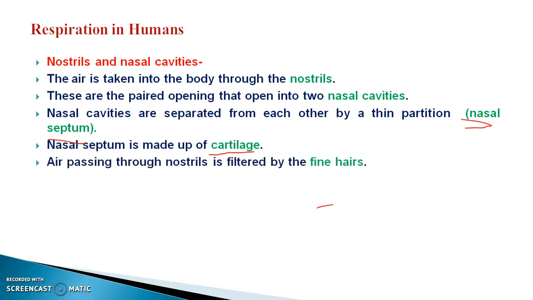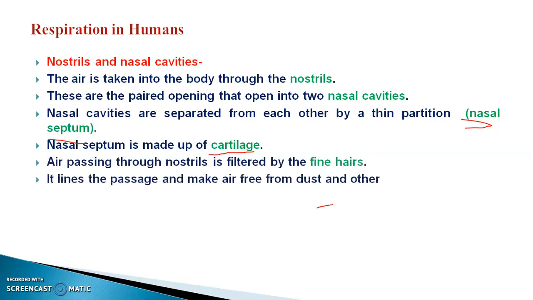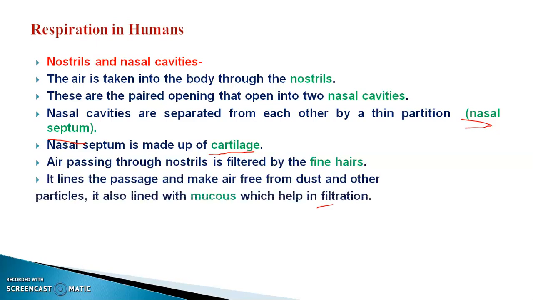Now the air that is passing through the nostril is filtered by fine hair. In our nasal cavity, there are two different structures present. One is the fine hair and another is the mucus. The function of the fine hair and the mucus is to make air free from dust. So basically this is the first line of filtration of the air, because sometimes air has some pollutants, some pollen grains, some microparticles.